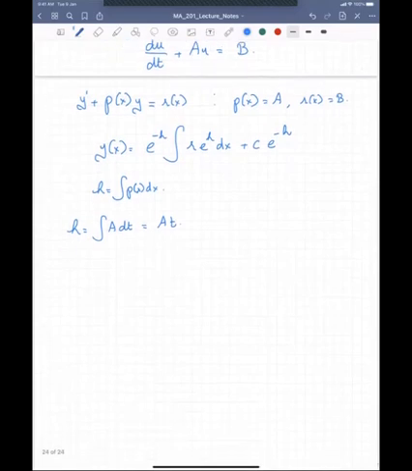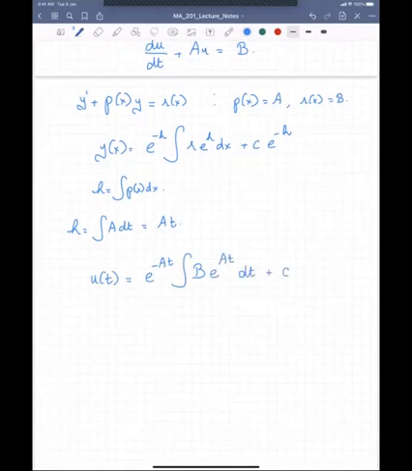Substituting everything, you get the solution u of t equals e to the minus at times the integral of b e to the at dt, plus c e to the minus at.